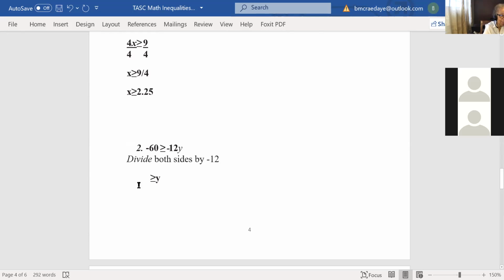And minus 60 divided by minus 12 just gives you 5. So there's your answer: 5 greater than or equal to y. And minus 12 times 5 is minus 60, which is greater than or equal to minus 60.